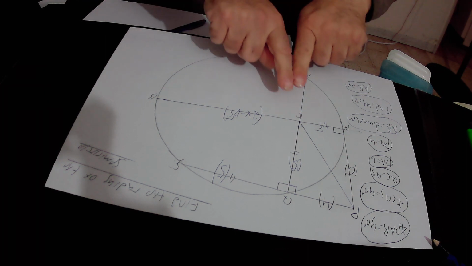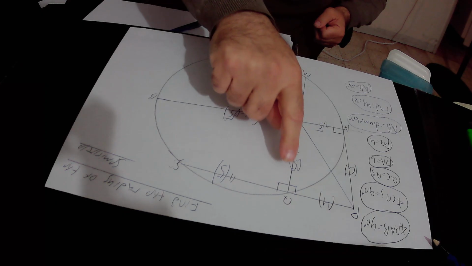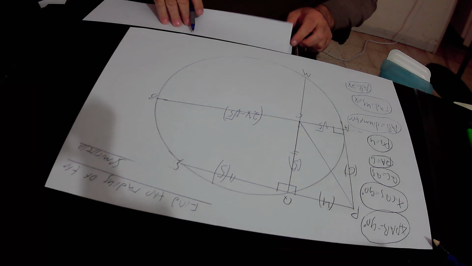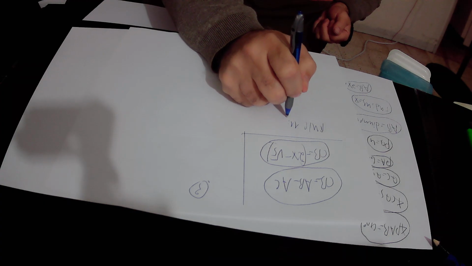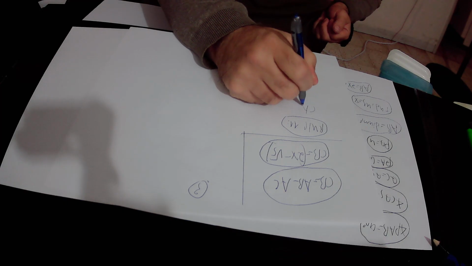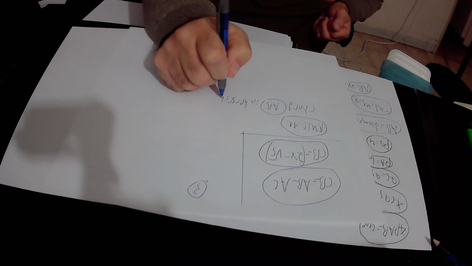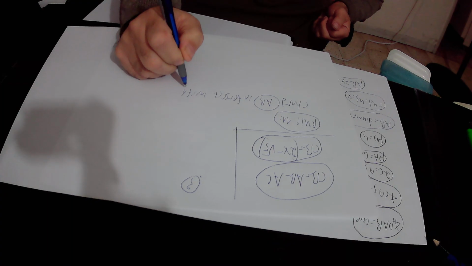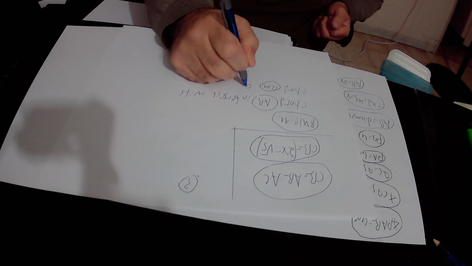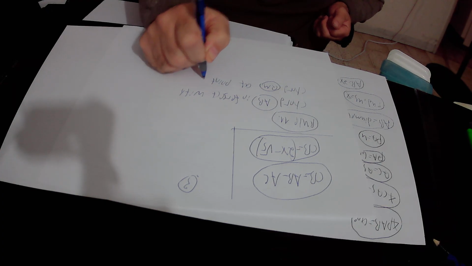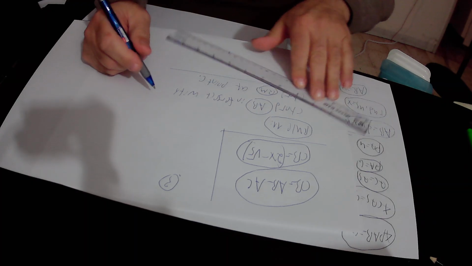Because in our drawing we have chord AB that intersects with chord QM at point C. Again, chord AB intersects with chord QM at point C. The intersection point occurs at point C. So in our original drawing, we have two chords that intersect with each other.